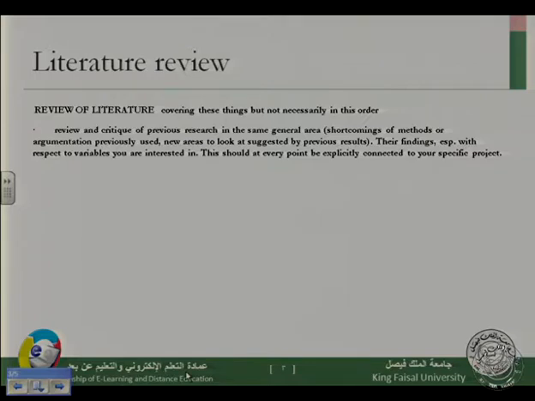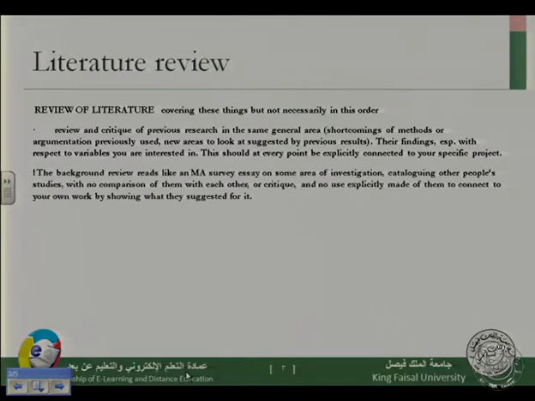You review previous studies, you criticize them, and then you tell us the connection between the previous studies and your research. The background review reads like an MA survey essay on some area of investigation, cataloging other people's studies with no comparison of them with each other or critique, and no use explicitly made of them to connect to your own work by showing what they suggested for it.